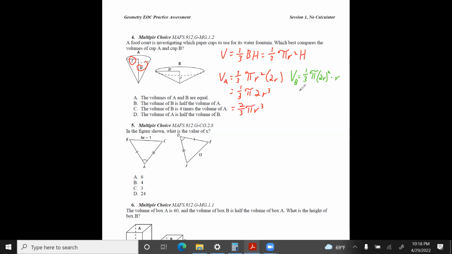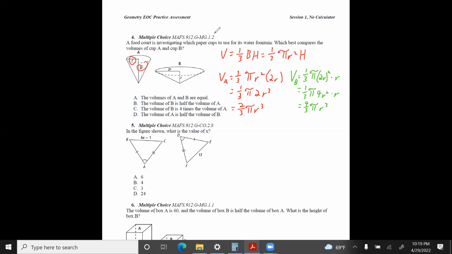Well, this one's definitely going to be bigger because we're squaring the 2r. So now both of those values get squared. So 2 squared is 4, and then r squared. Now, the 4 can be multiplied with the 1/3, which gives us 4/3. We still have pi, and r squared and r gives us r to the third.